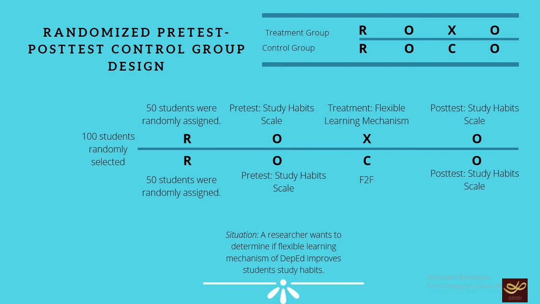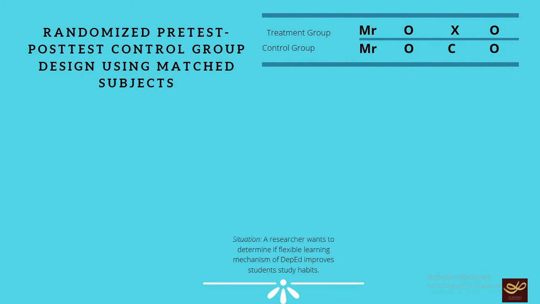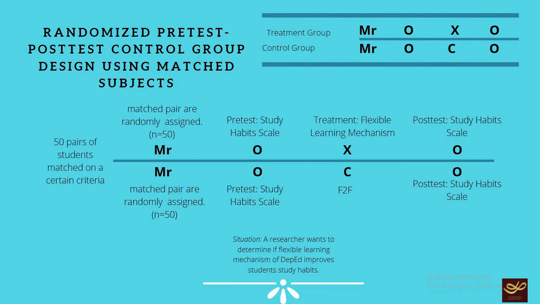When we talk about the matching only pre-test post-test control group design, what happens is that at the onset, you have already identified your pairs. And from these pairs, you randomly assign them to the groups. And then the process continues of doing a pre-test, introducing the treatment, and doing a post-test. So again, in this illustration, we are using the same situation, which is a researcher wanting to determine if the flexible learning mechanism of DepEd improves students' study habits.